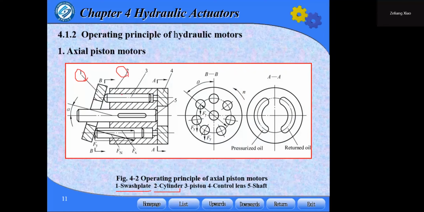Two is the cylinder. Third is the piston. Fourth is the control links. Five is the shaft.